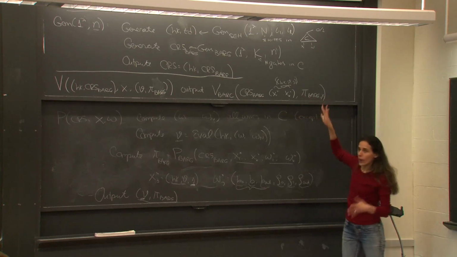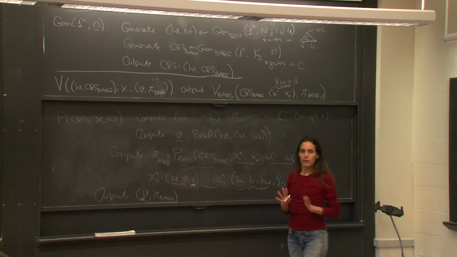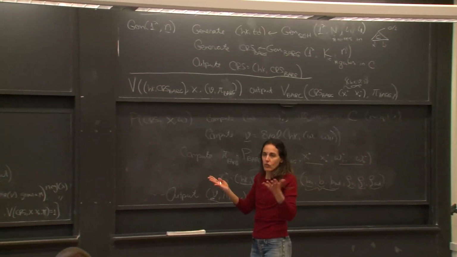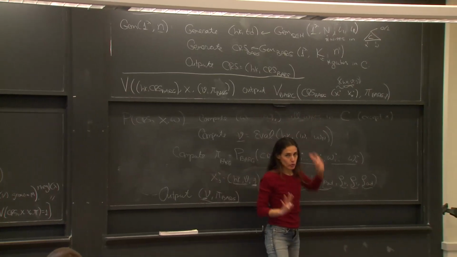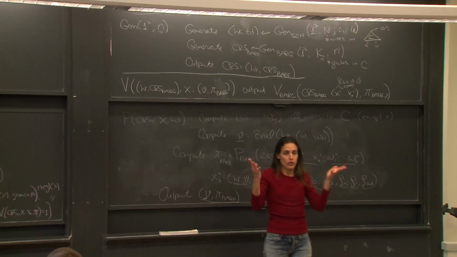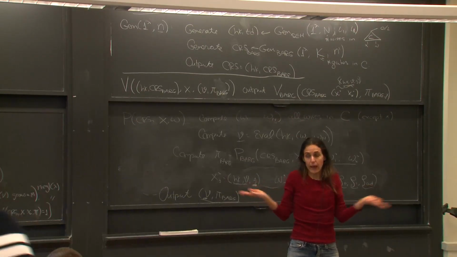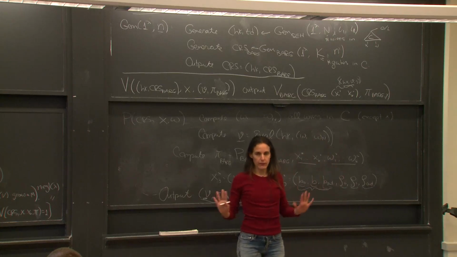So the BARG needs to know X. The verifier, of course, needs to know X. But that's it. The BARG itself is very short, so the SNARG is very short. The verifier needs to run in time X, he needs to read the input. But that's it.